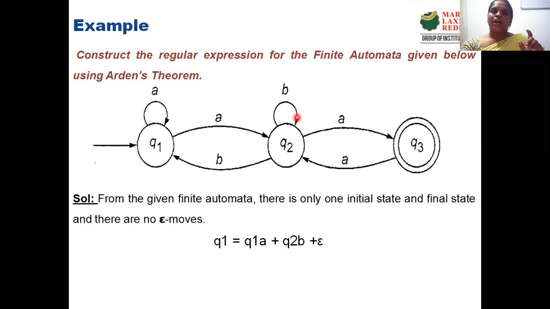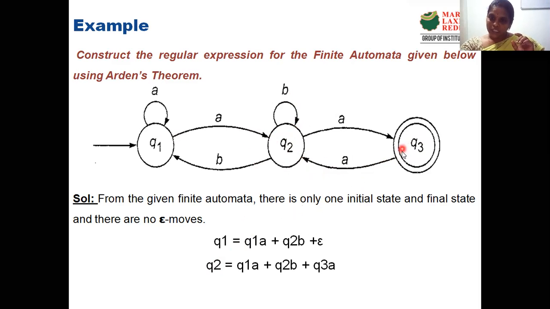Now similarly, observe, writing the equation for q2 here. If we observe, q2 has three incoming transitions, from q1, q2 and q3. So q2 can be written as q2 = q1 into a plus q2 into b plus q3 into a.